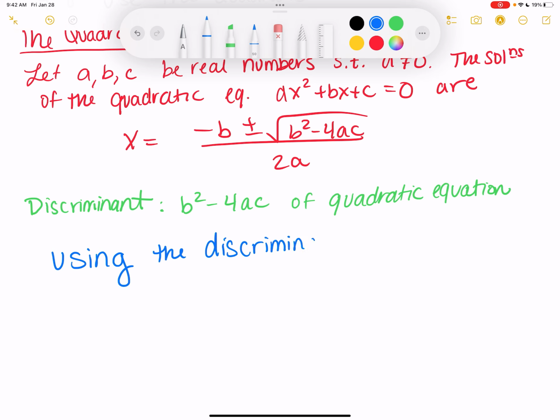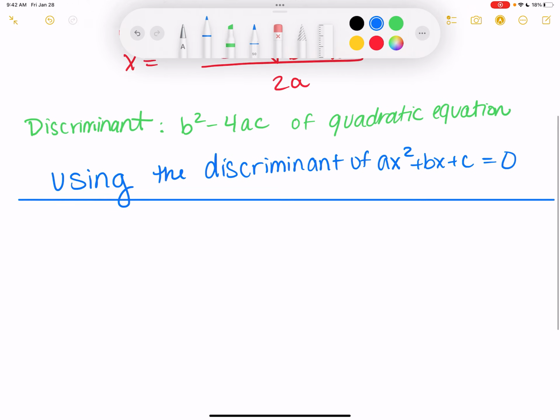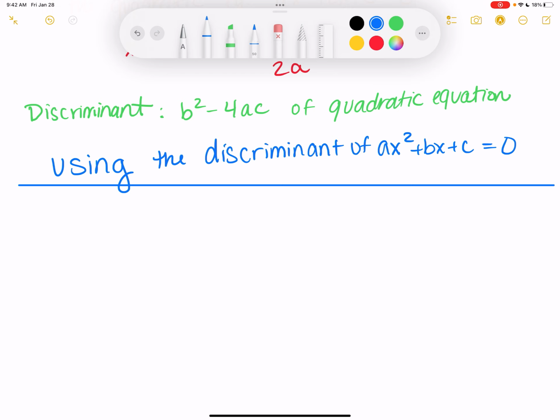All right, so using the discriminant of ax squared plus bx plus c equal to 0, I'm going to draw a chart, 3 rows, 3 columns.